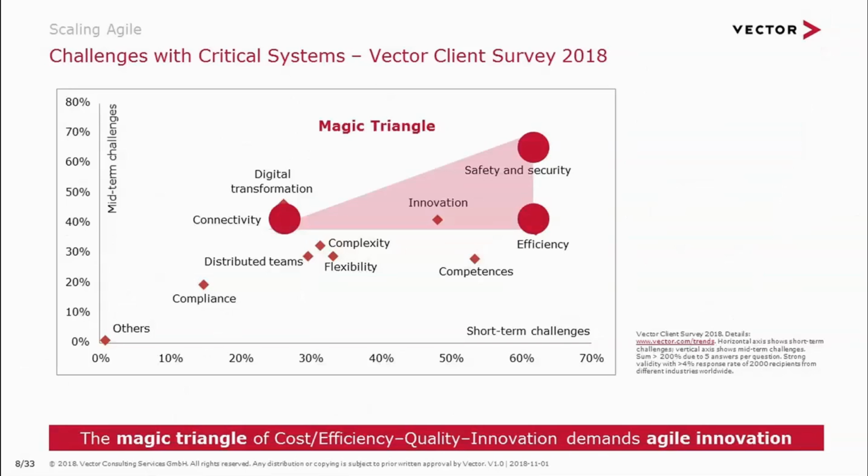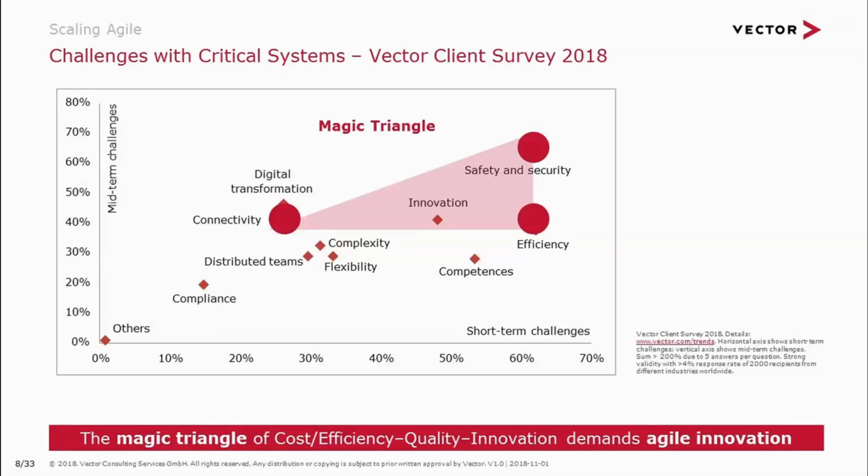Now, the starting point is what we do on an annual basis in terms of what are the needs in different critical industries such as IT, automotive, transport, medical. And what we see from this year's survey, which we have done at the beginning of the year, is that the topic of safety and security, that is quality requirements, is both a short-term and a mid-term challenge.